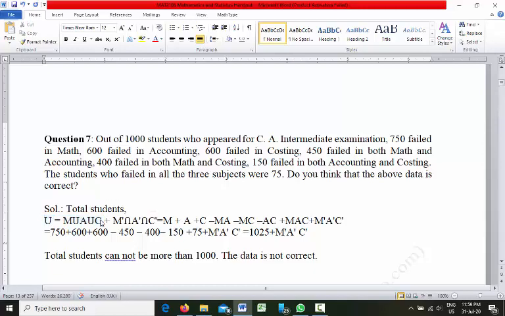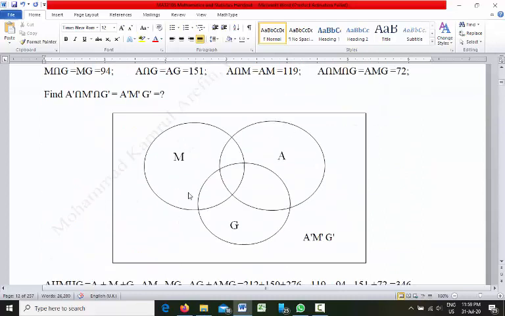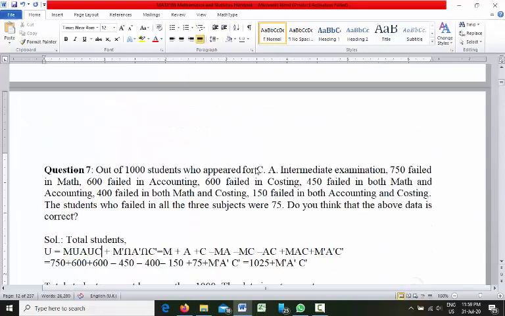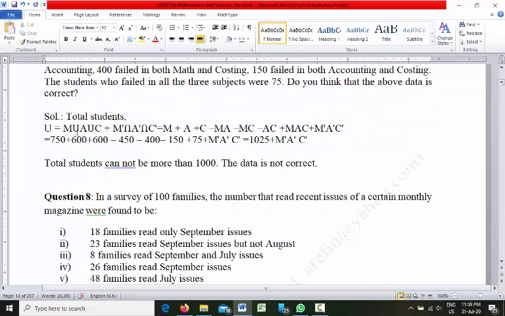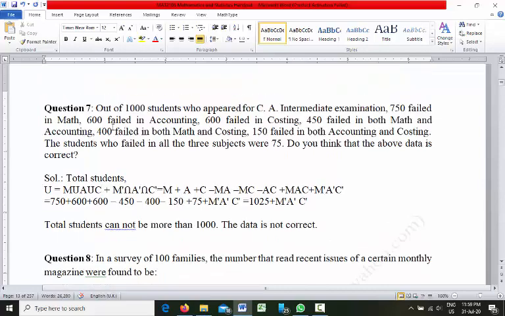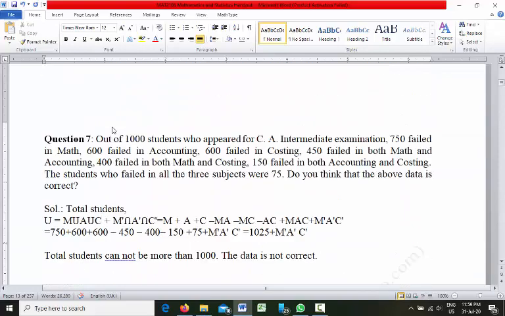This is the shaded area, the area covered by all these circles, that is the union set, M union A union C. Here M means math, A means accounting, and C means costing.